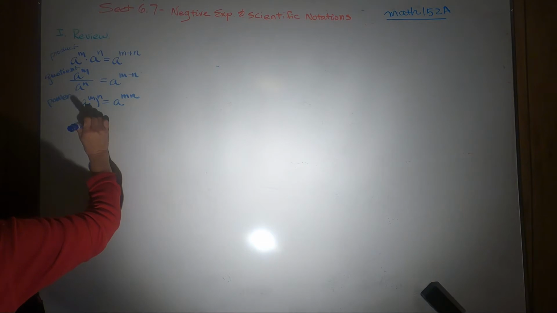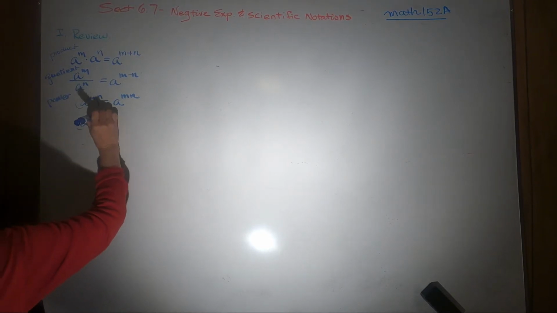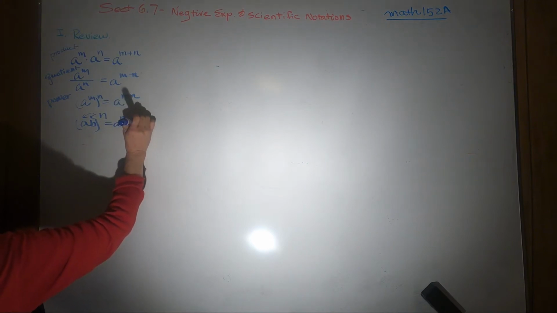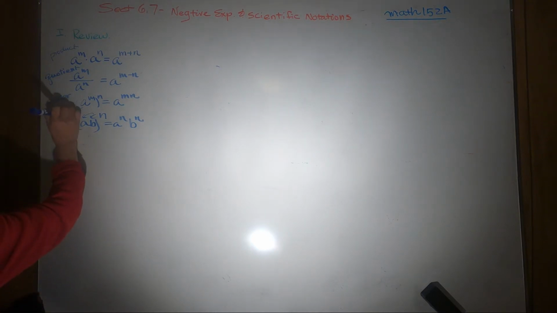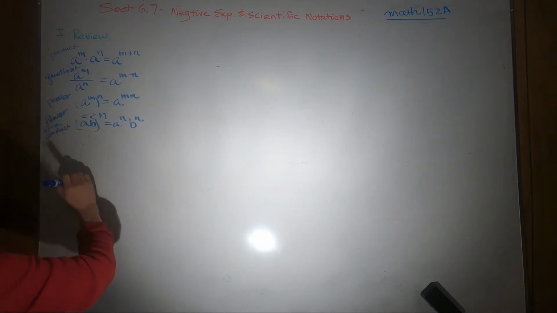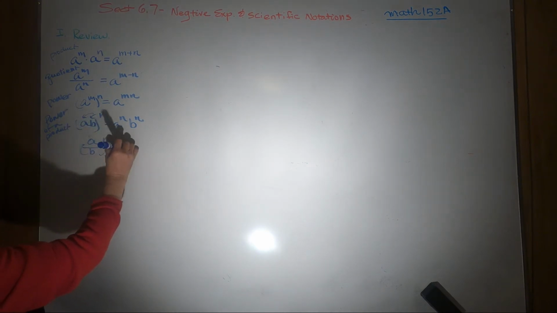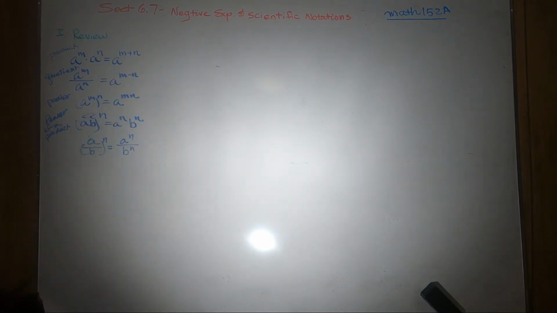And if we have two things multiply together, a product, take a power, then we need to distribute our powers, right? Because this is a power of a product, right? If you have two things, a over b to the nth power, you need to distribute your power as well.